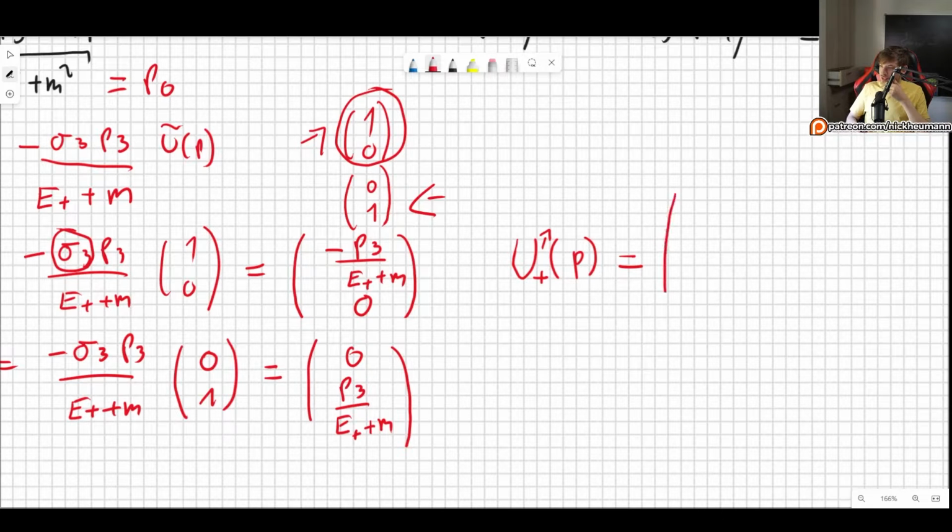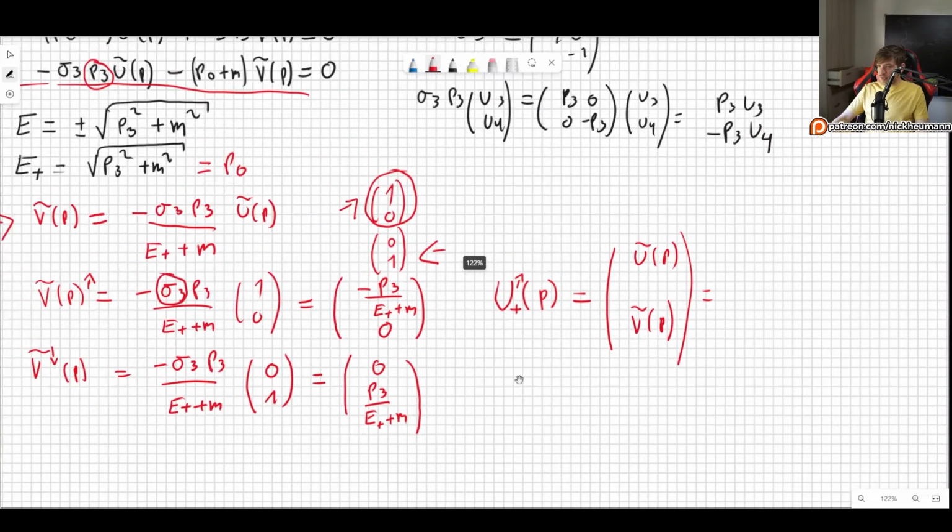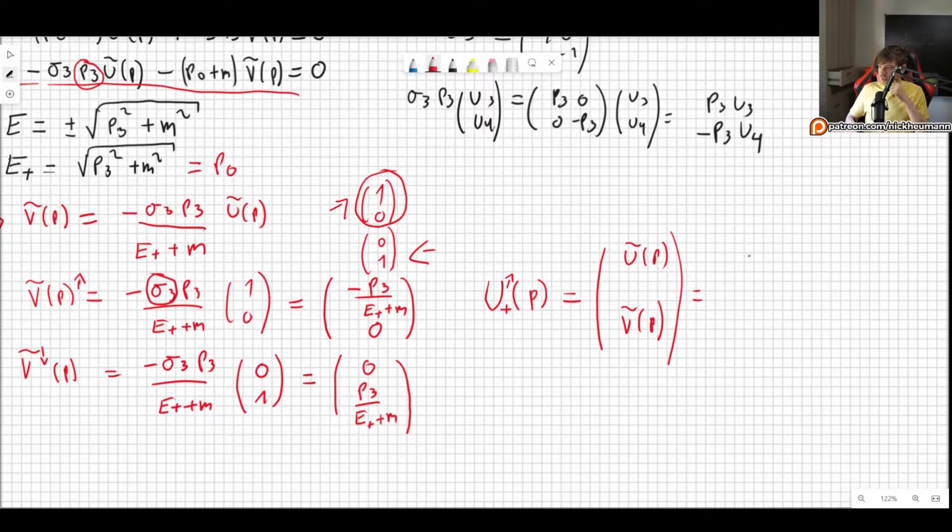So this we know was U tilde of P, V tilde of P. So what is U tilde? Well, in the up case, U tilde we said is 1, 0. And V tilde, we just saw, is going to be minus P3 over E plus m, 0. All right, so that is one case.